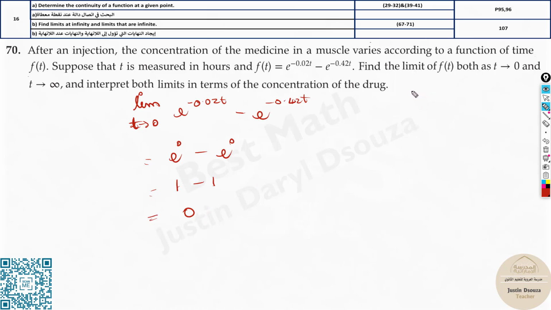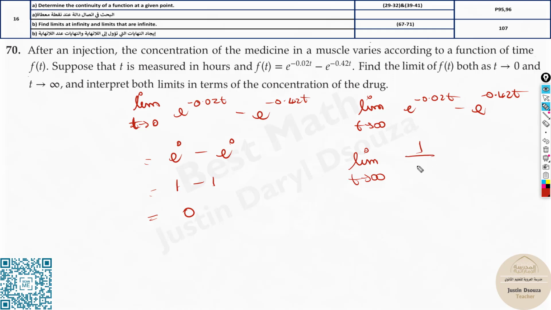So that is when the time is 0. What about the limit as time tends to infinity for this particular equation? e to the power minus 0.02t minus e to the power minus 0.42t. So what you basically have to do is, since there's a negative sign, let's write the limit as it is. I'm not going to substitute infinity now.